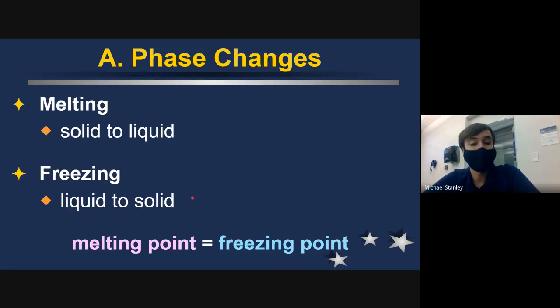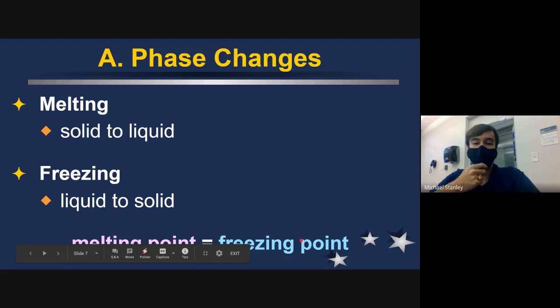So the temperature that this happens at is called the melting point, but it could also be called the freezing point. So there's a specific temperature for every single piece of matter that is out there, where if it gets hotter than that temperature, it'll start to melt and turn into a liquid.